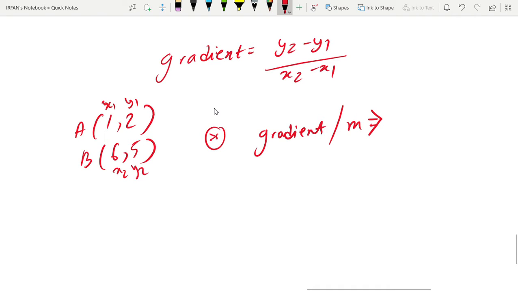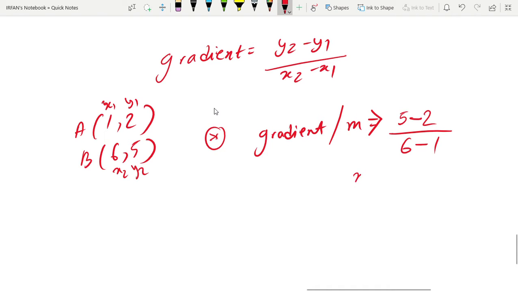Or you can flip it, no problem. You can take this one as x1, y1 and that one as x2, y2. But since serially we are going to write it this way, y2 is 5 minus y1 is 2, and x2 is 6 minus x1 is 1.